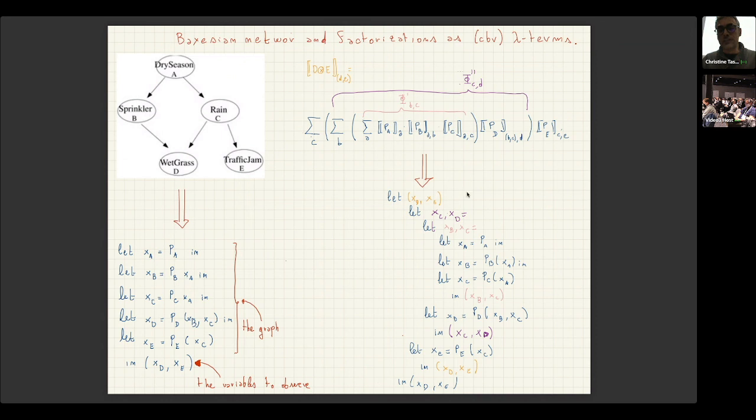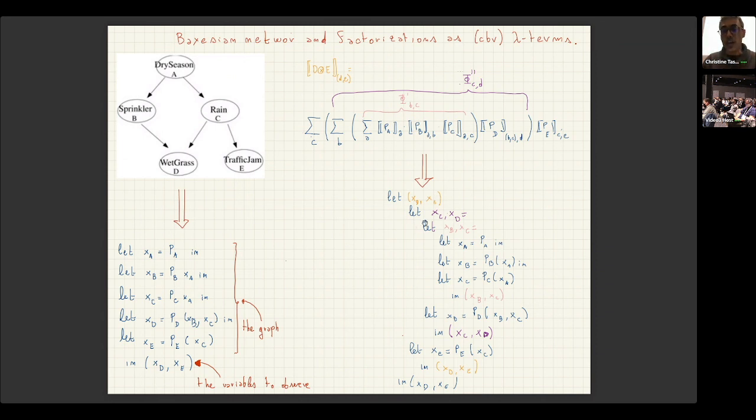So if you look a bit in the detail, you can see that the first factor, the one that sums out A, corresponds to this sub-expression. So the idea is that the factorization expression corresponds to the nesting of the let expressions in the syntax of lambda calculus. And eliminating a variable corresponds to making a variable local.